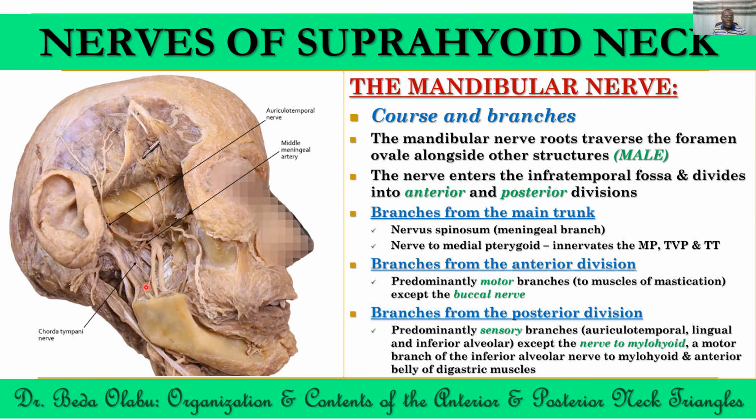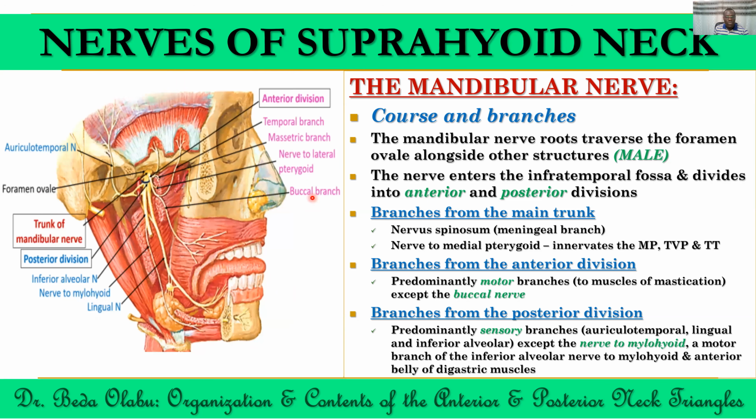So this is the summary of the branching pattern of the mandibular nerve, and that summarizes for us the story of the mandibular nerve, as well as summarizing for us the story of the suprahyoid anterior neck triangles.